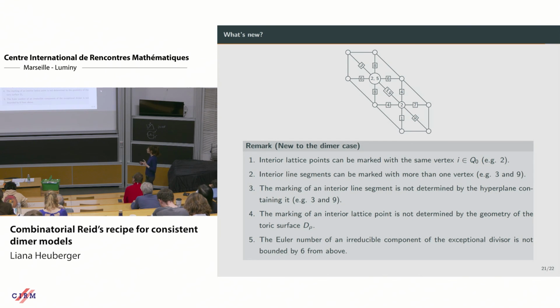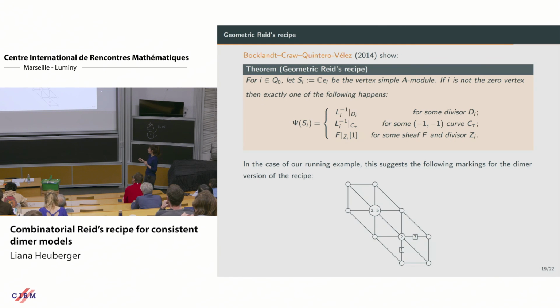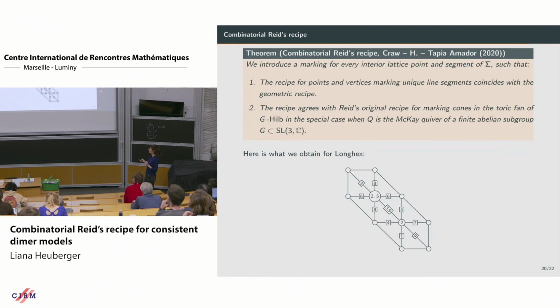Okay, and maybe something else that I want to say is that at the end of our article, there are 2 conjectures, one of which is very expected, which is that the geometric Reid recipe should illustrate exactly that this is the support of the phi of the LIs, or the phi of the SIs, sorry.